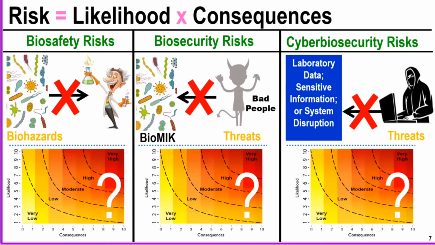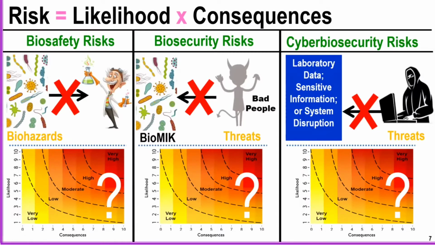We can calculate the level of biological risk. Biorisk refers to the risk associated with infectious biological agents, their derivatives, and toxins. In simple terms, biological risk is the product of likelihood and consequences.